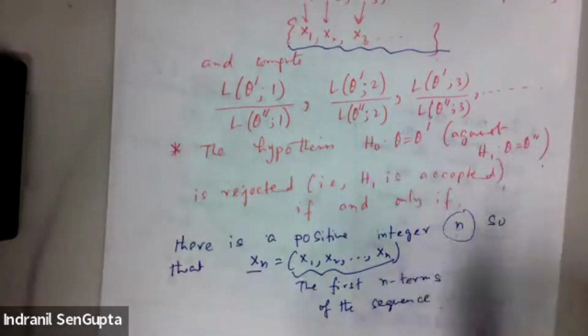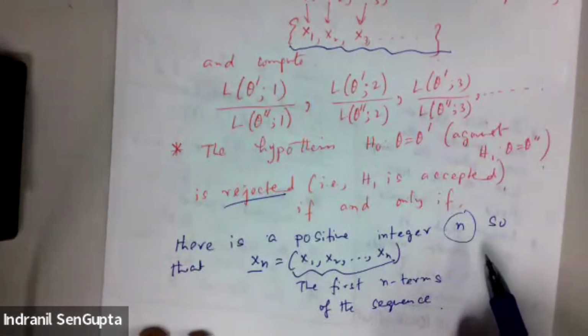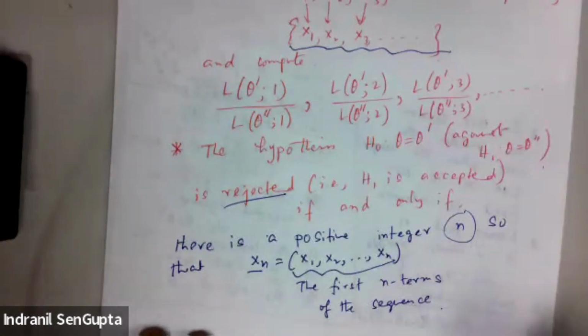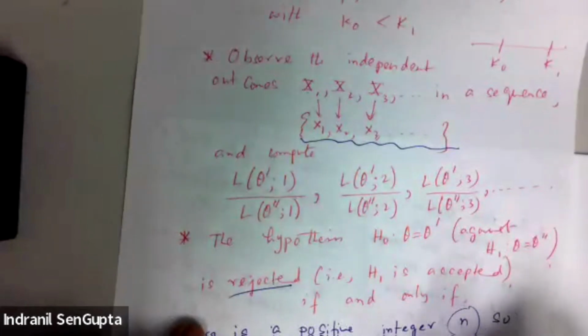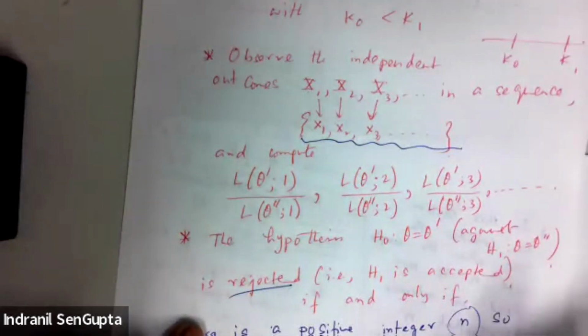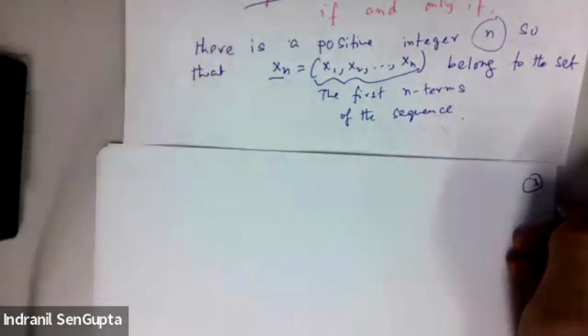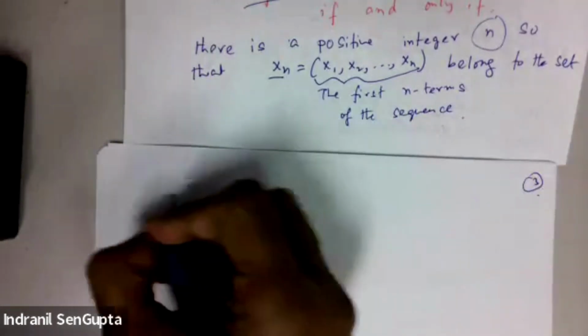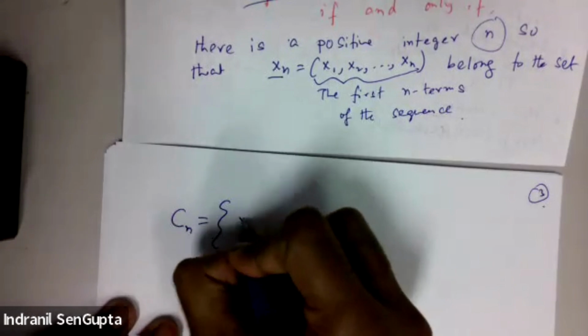Now, when do we reject? This is rejected if there is a positive integer n so that this belongs to the set, and then I'll write the set. C sub n, it will be a little notational, but it's not really very hard to understand.